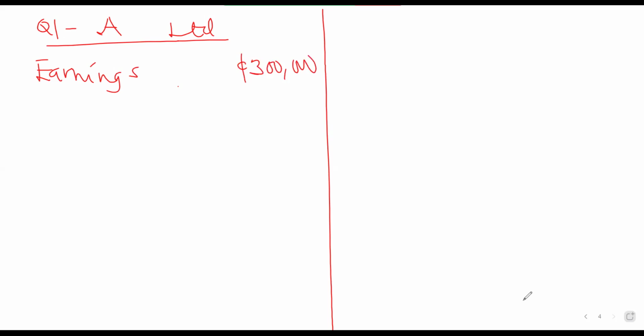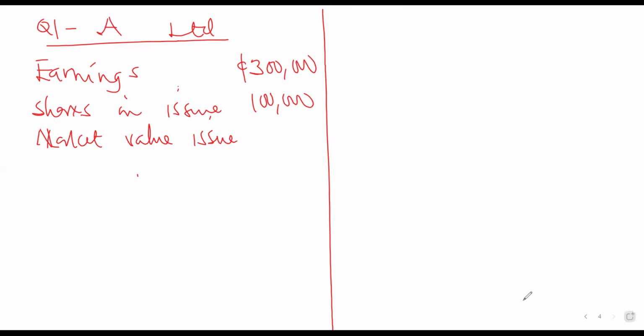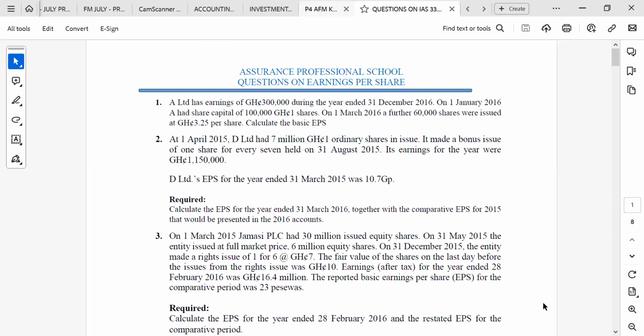So shares in issue, or shares at the beginning of the year. You look at the shares in issue. Shares in issue was 100,000, isn't it? Yes. Market value issue. So the market value issue was how much? At which date? Okay, 60,000 at 1st March.